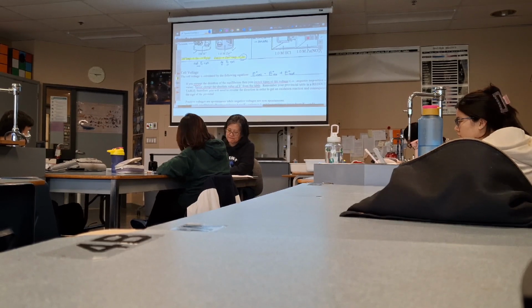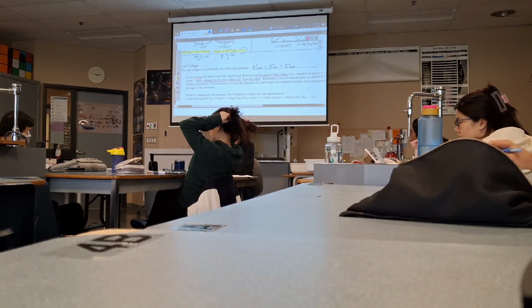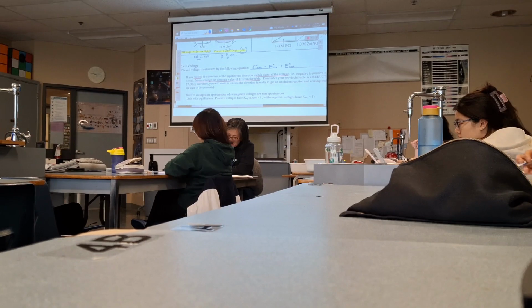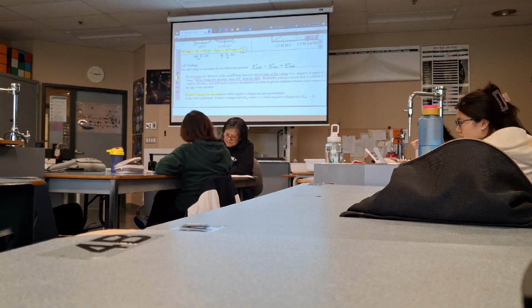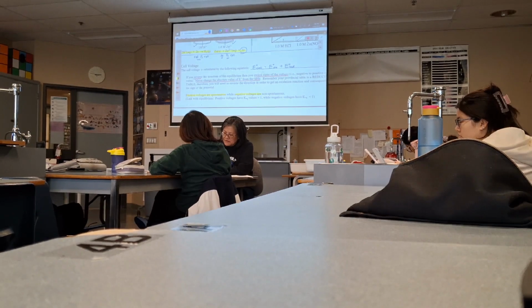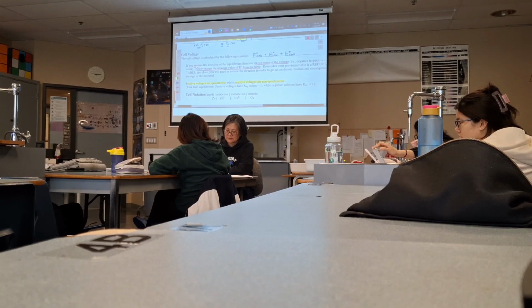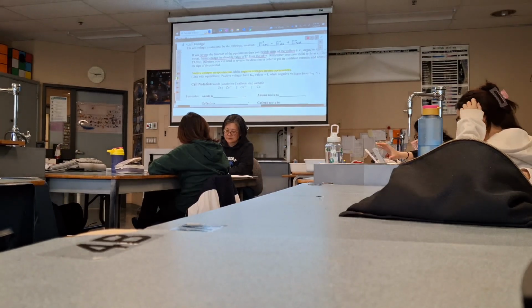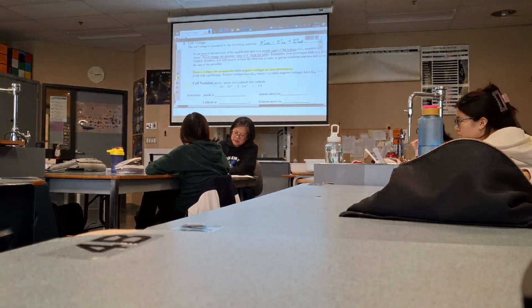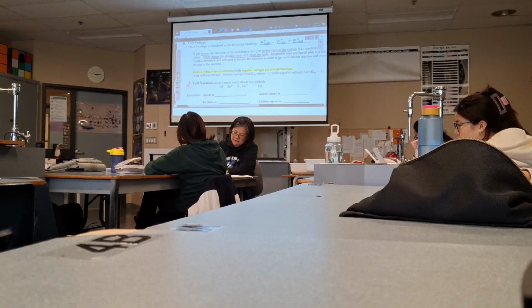Okay? Positive voltages are spontaneous. Negative voltages are not spontaneous. We will deal with the cell notation a little bit later on. We're not going to cover that right now.